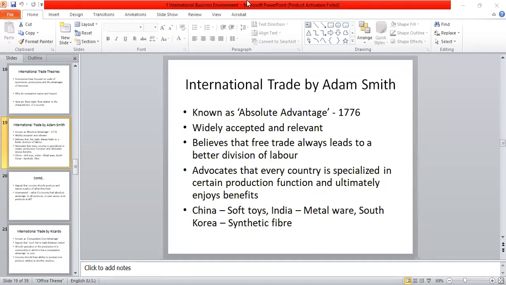And that is why it is a logical and relevant one. Why is it relevant? That country has the ability to produce greater quantity, and this is acceptable by each and every country.